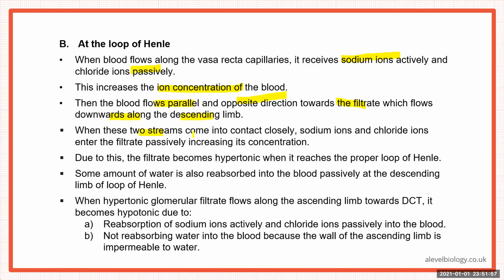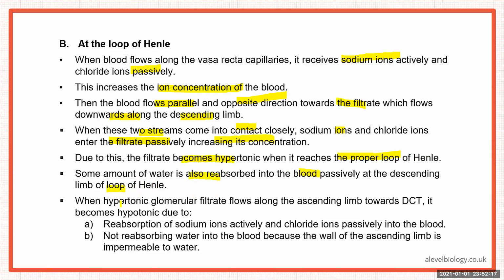And when these two streams come into close contact, the sodium and chloride ions can enter the filtrate passively, thus increasing its concentration. Due to this, the filtrate becomes hypertonic when it reaches the proper loop of Henle, as we were just discussing. Some amount of water is also reabsorbed into the blood passively at the descending limb of the loop of Henle.